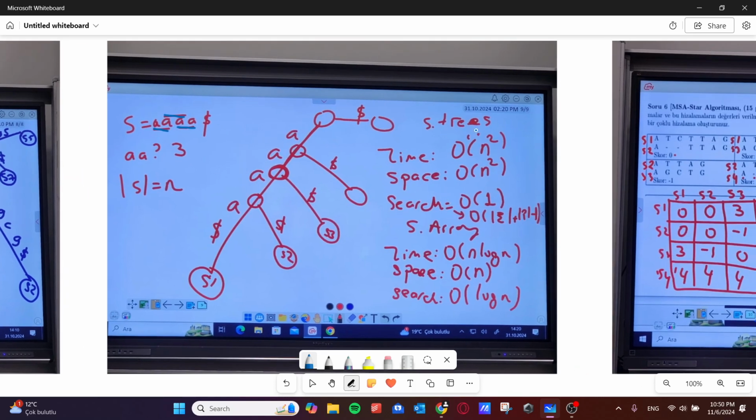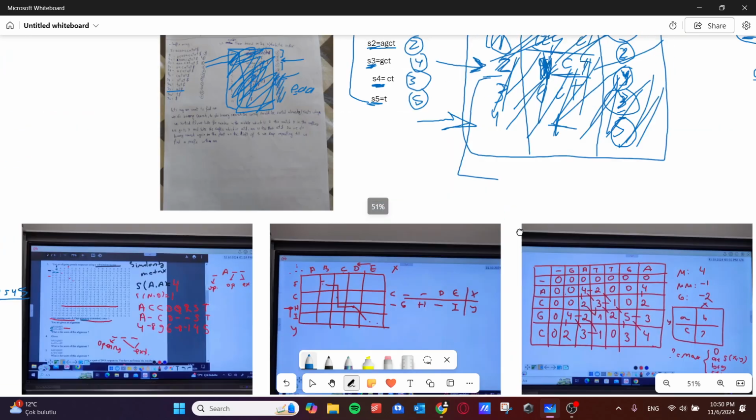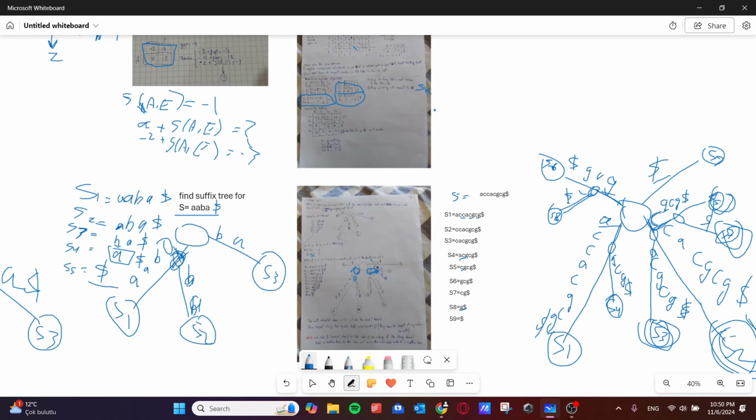For the complexity, he said we just have to memorize. Let's say he asks what is the time complexity for suffix tree. By the way, I've already put everything in the table here.